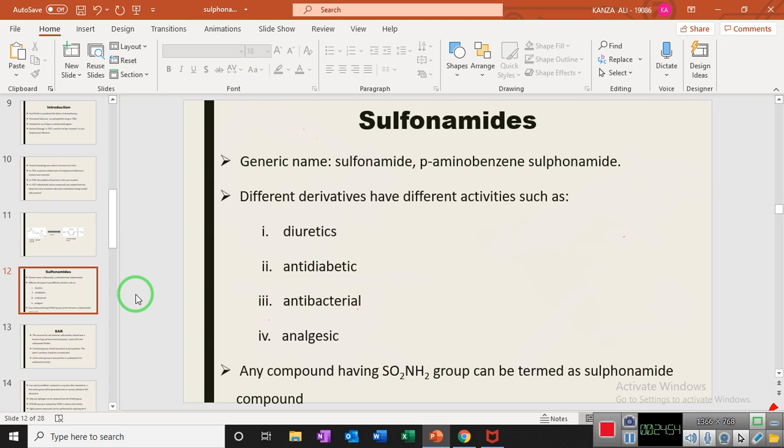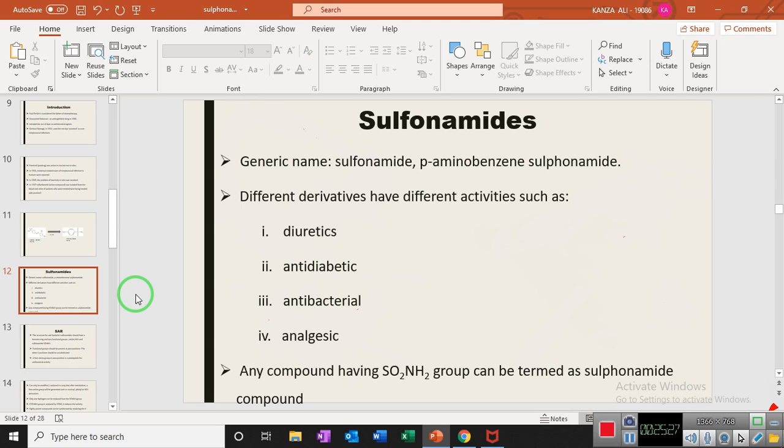Mind it, first, the compounds which are going to relieve the pain will be termed analgesic. These compounds may remove the cause of the pain, or they may not remove the cause, but just relieve the pain.